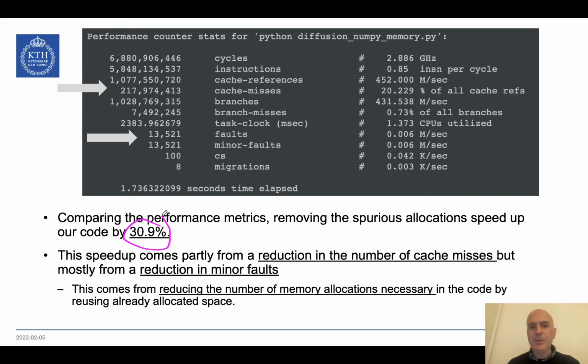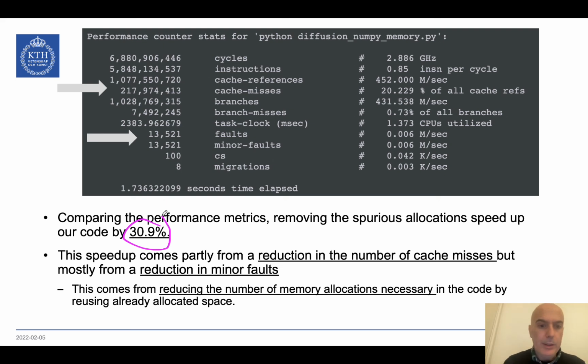So this speedup comes partly from a reduction in the number of cache misses, but mostly from a reduction in the minor faults. Remember that the minor faults are really those counters that tell us the cost of the memory allocation, right? Because we need to talk to the memory and reserve some memory the first time we want to use the arrays.